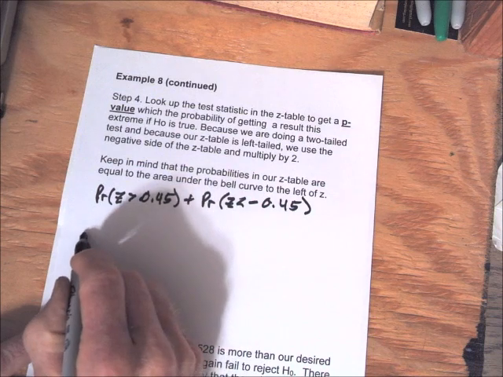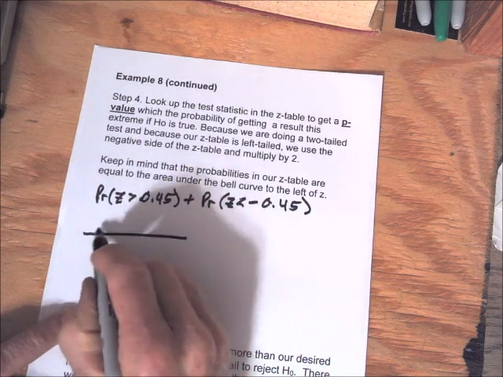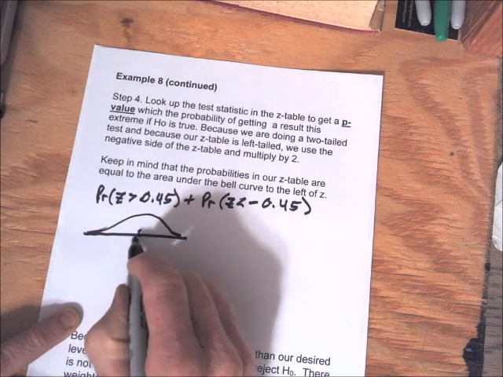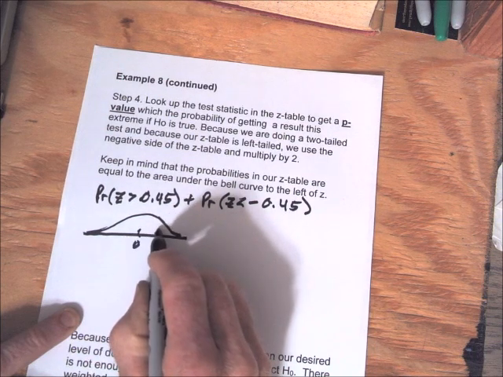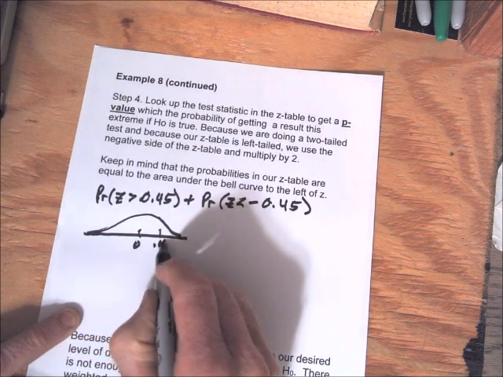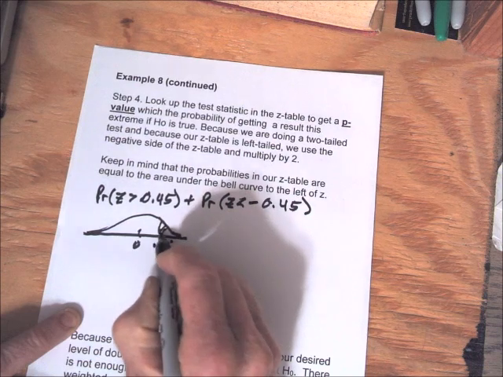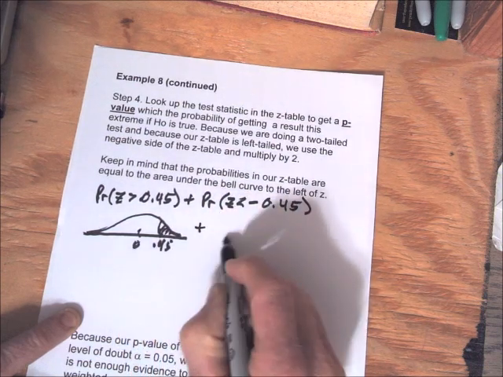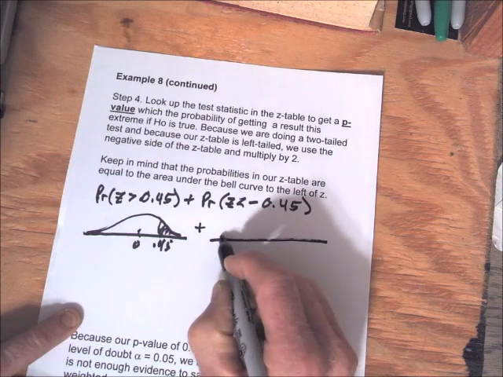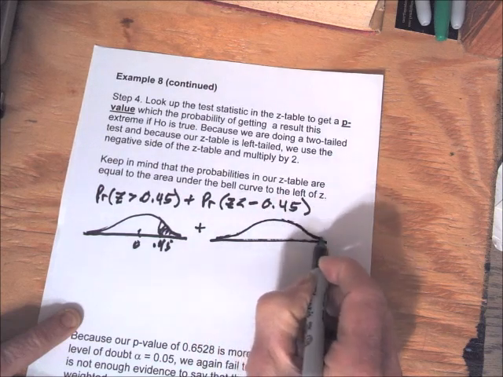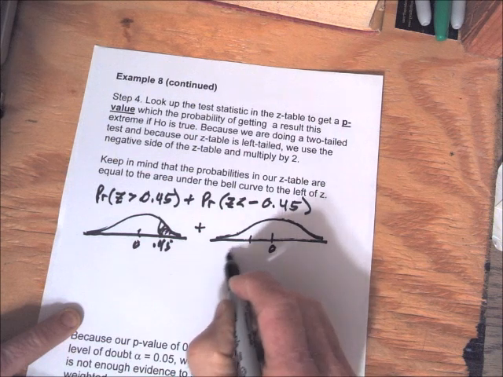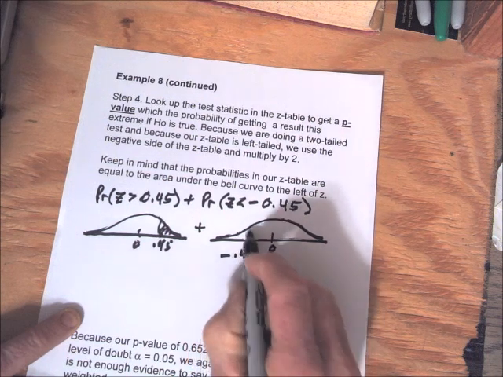So this would be the right tail. A z-score of 0 is in the middle. 0.45 would be on the right tail here, and negative 0.45 would be on the left tail. We have 0 in the middle, and the left tail is negative 0.45.